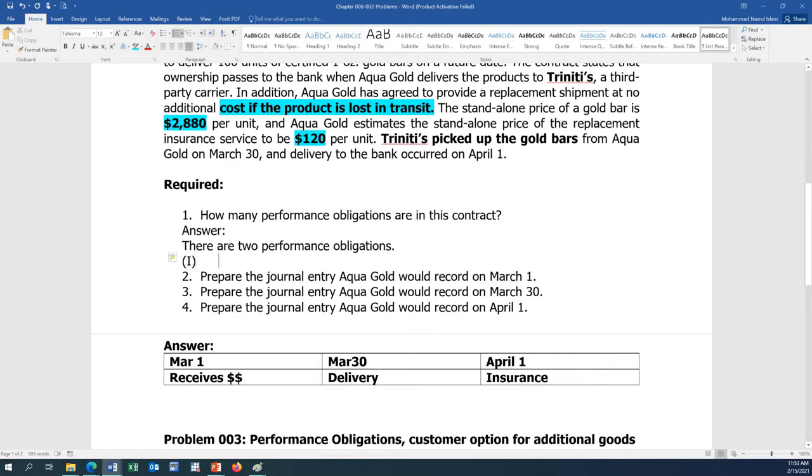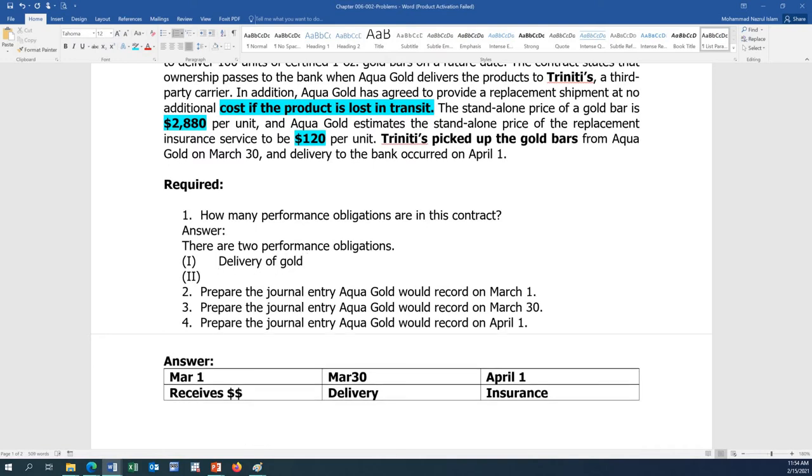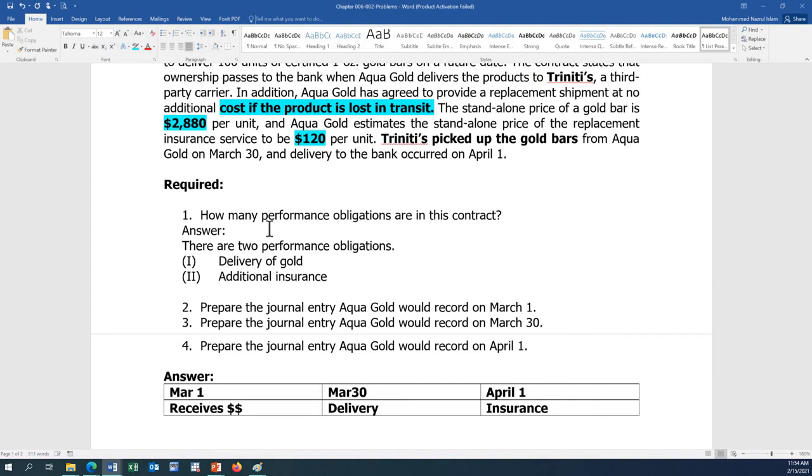Number 1, delivery of gold, and number 2, additional insurance, correct? These 2.